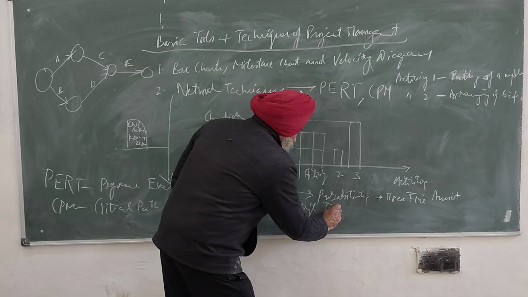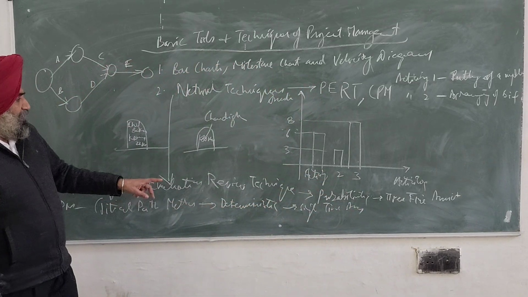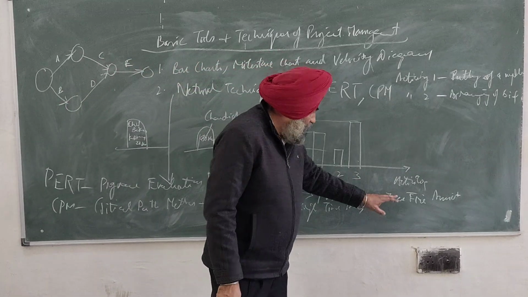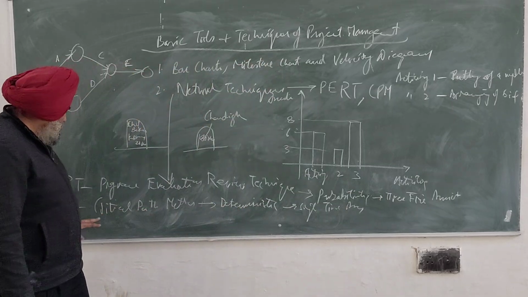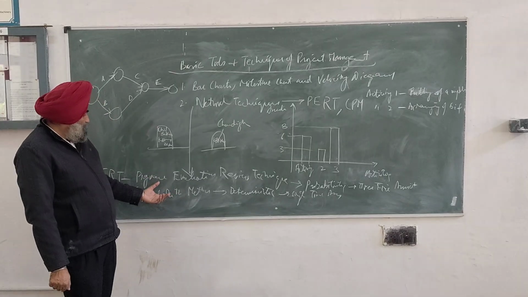Three time association means there are three timings: one is known as optimistic, another is most likely, and another is pessimistic. Whereas here only a single time is associated. We'll discuss in detail in subsequent classes.